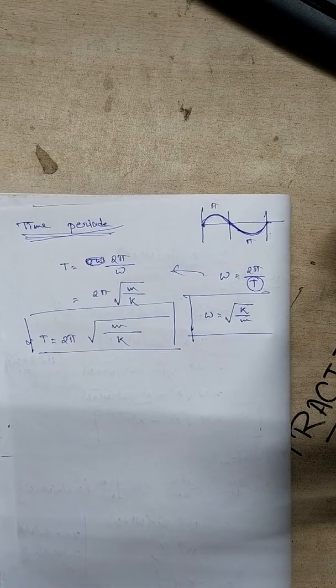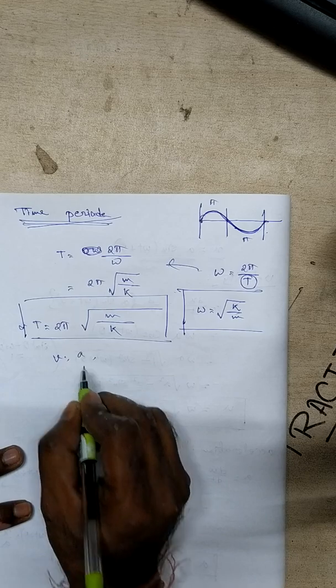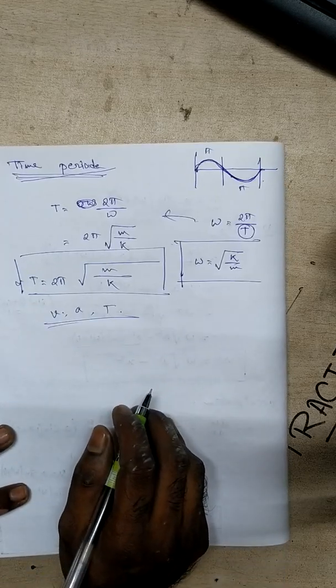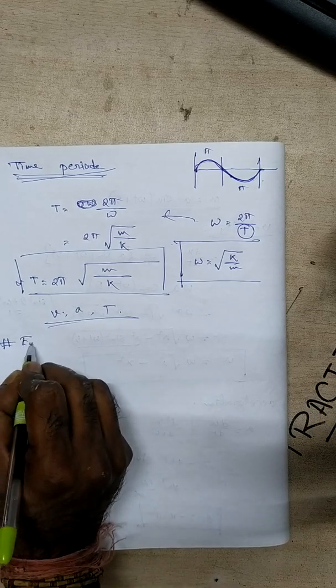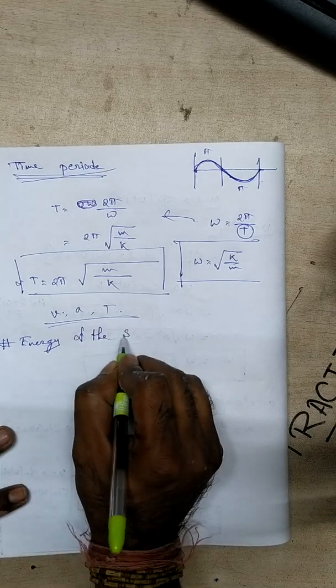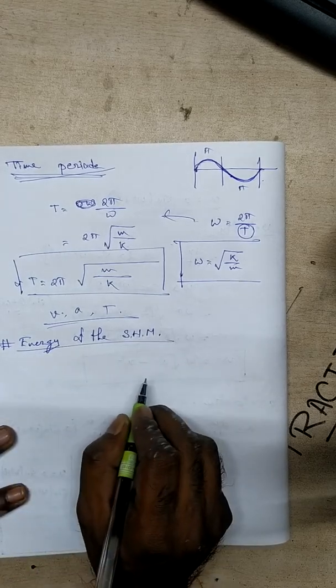So we have already calculated the velocity, acceleration and time period. Now let's calculate the energy of the SHM, simple harmonic oscillator. Is it clear?